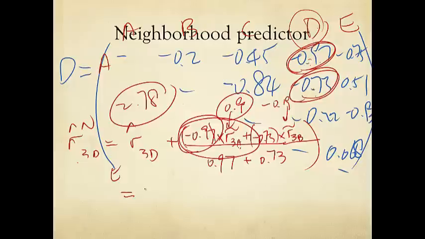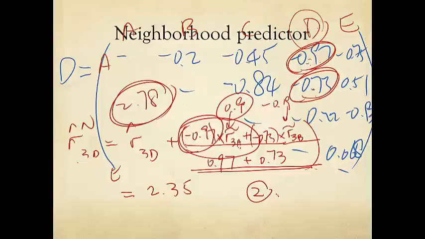This therefore happens to be 2.35. In other words, the net effect of the neighborhood help is to reduce the prediction from 2.78 to 2.35. The actual answer is 2, and indeed, in the baseline predictor, it overshoots 2 by too much, very close to 3 stars.